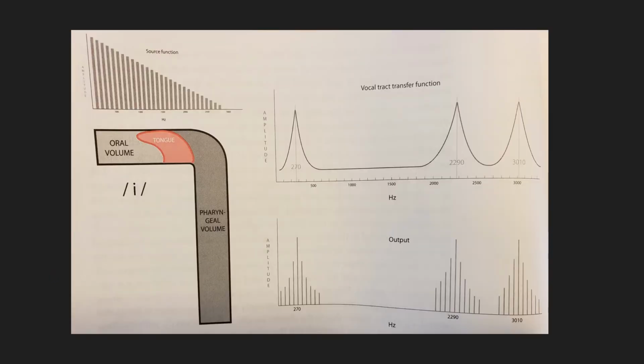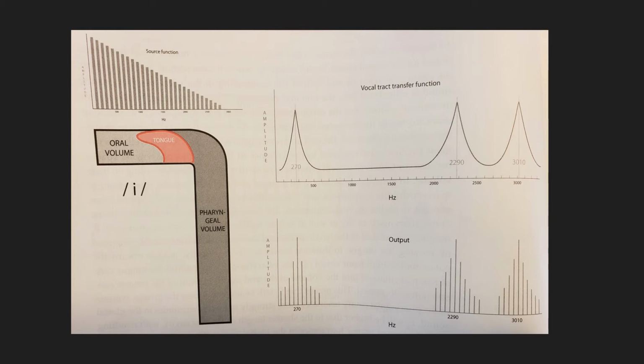So these graphs are from our book. On the top left, you can see the source function that I mentioned. And then it shows the transfer function showing the formants or resonance frequencies for when the sound from the glottis goes through the different air cavities.